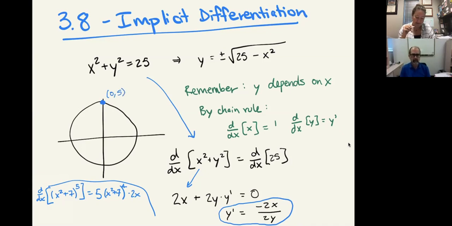I would need to plug in 0 for x and 5 for y, because I need to specify whether I'm looking at this point or at a different point that also has x equals 0. And as we can see here, y prime at the point 0, 5 will be 0, which matches up with our picture.